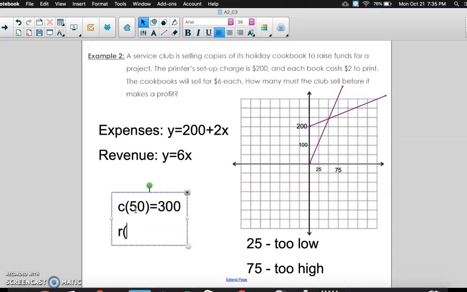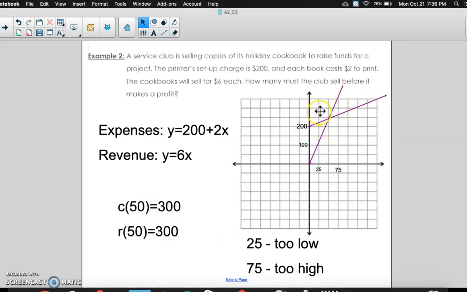My revenue when I plug in 50 books is going to be 300. So my breaking point, or the point at which I am making the same amount of profit as I am having expenses, is 50 books. And it's at that point where my expenses are $300 and my revenue is $300.